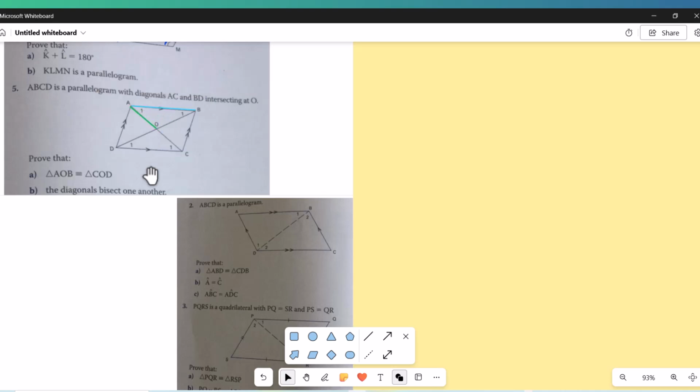Triangle AOD. Oh no, it doesn't work out properly. Let me get another one here.